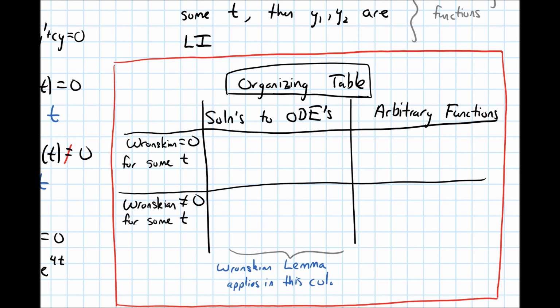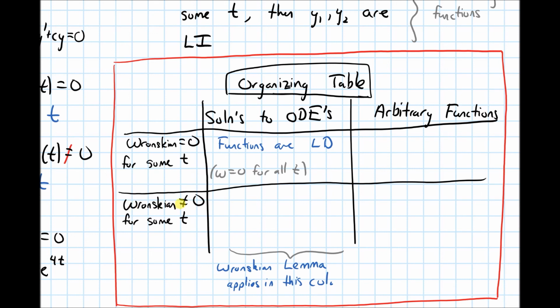What it says is, if the Wronskian of two solutions to an ODE is 0 for some value of t, even just one value of t, that'll automatically mean that the Wronskian is 0 for all values of t. So that's true when our functions are solutions to an ODE. And in that case, the functions are linearly dependent when the Wronskian is 0 for all values of t.